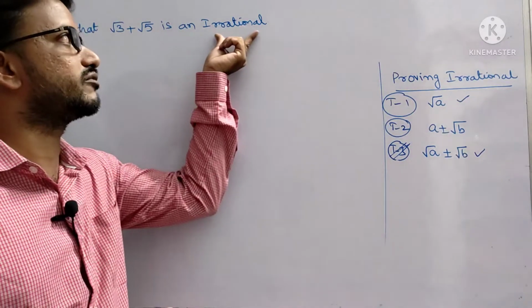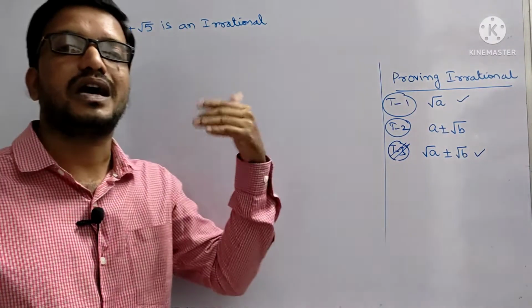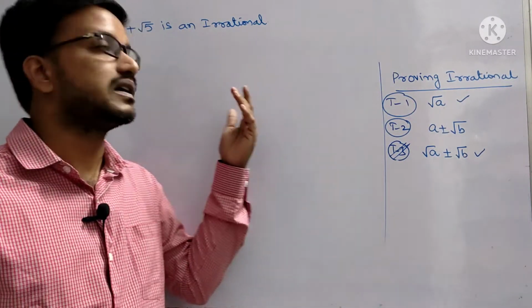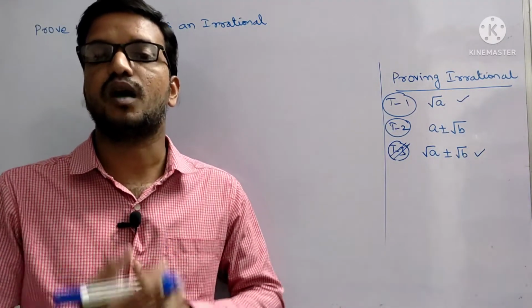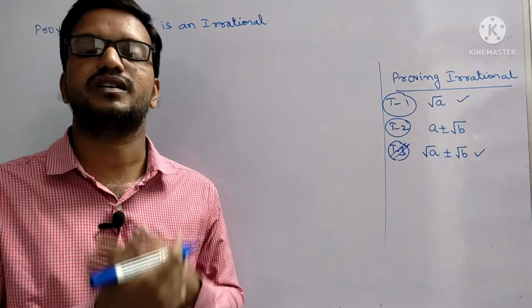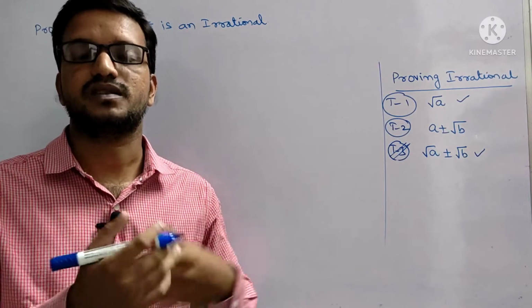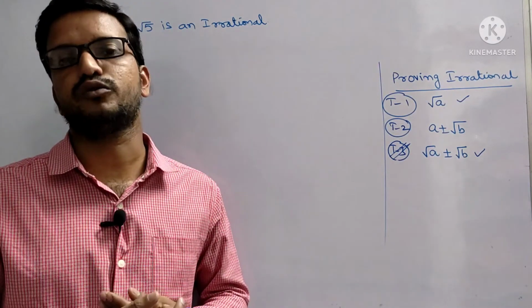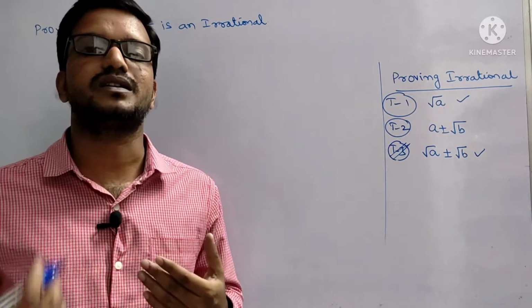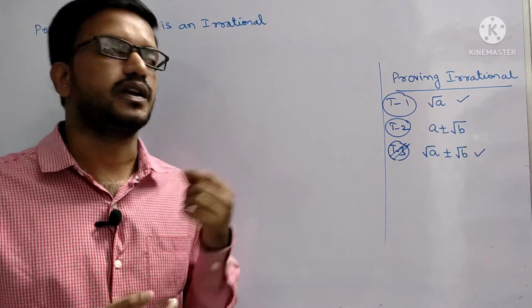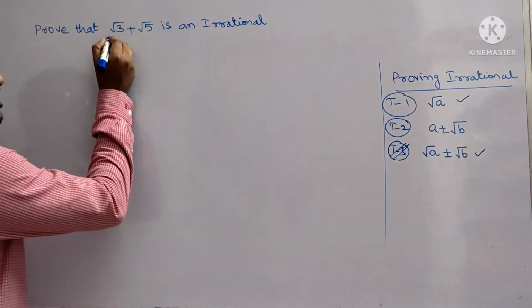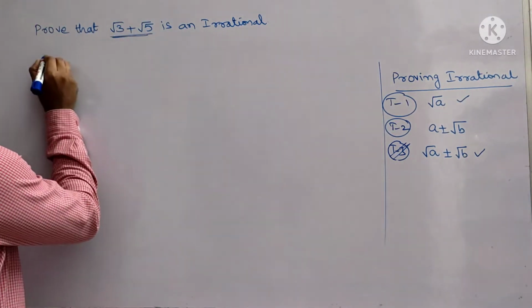So in order to prove irrational, we have to assume root 3 plus root 5 is a rational. Opposite statement means whatever we need to prove, we have to assume the opposite of it.